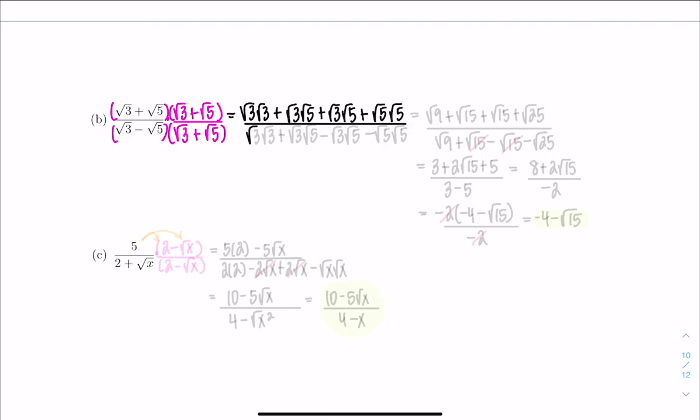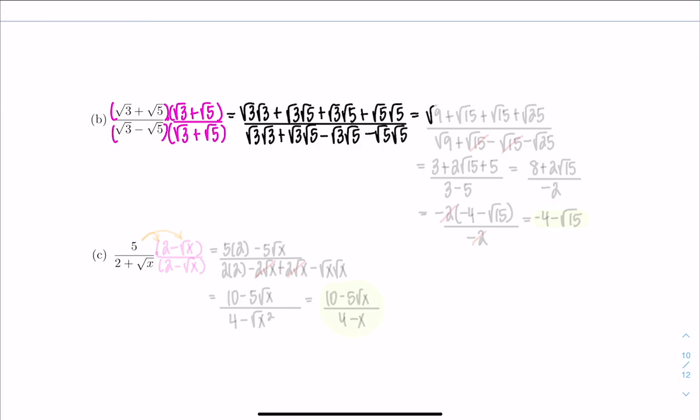On the bottom we get the square root of 3 times the square root of 3 plus the square root of 3 times the square root of 5 minus the square root of 3 square root of 5 and minus square root of 5 square root of 5.